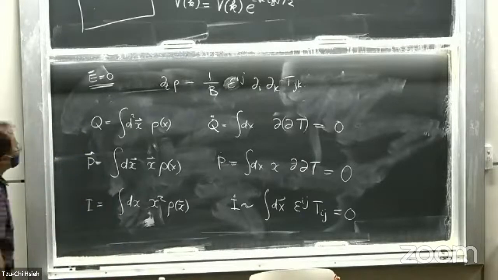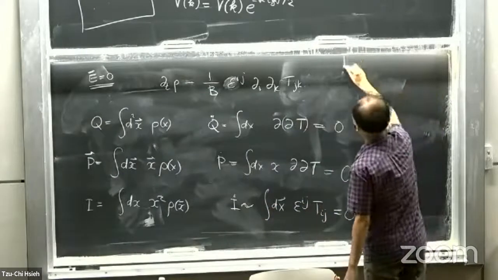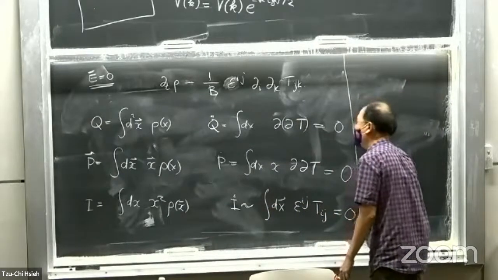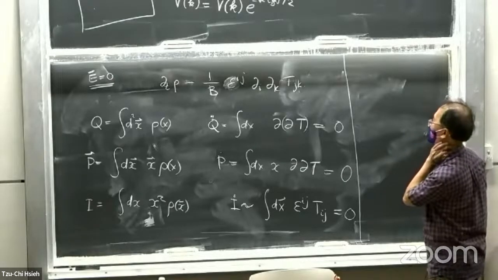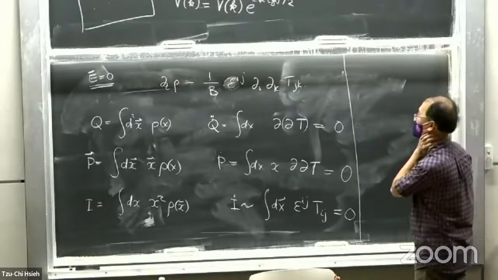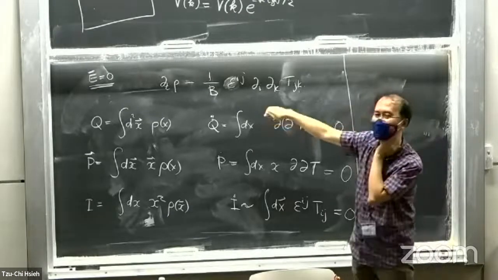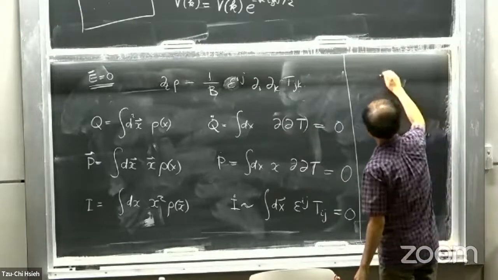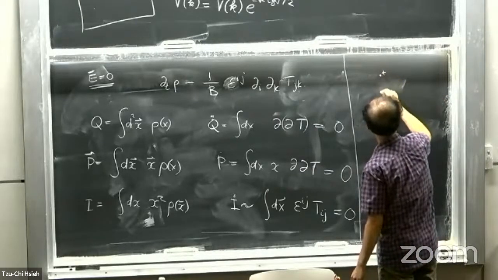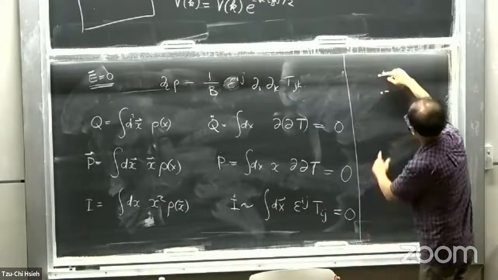Okay, so what does it mean in the physical context? It means that the charge, first of all, cannot disappear. That's real. But if we have a dipole, a plus charge and a minus charge, that dipole cannot disappear by annihilation.